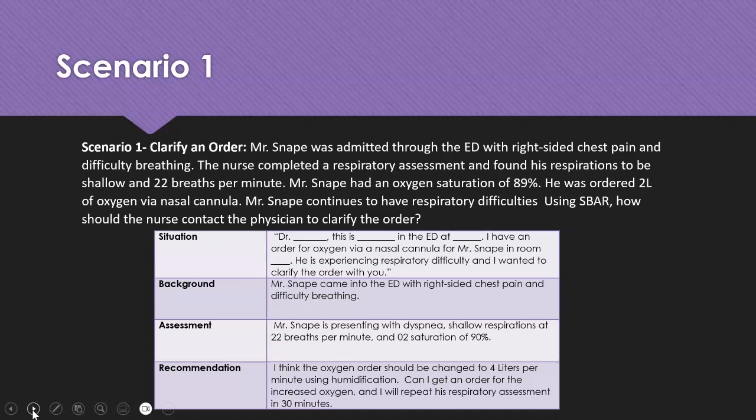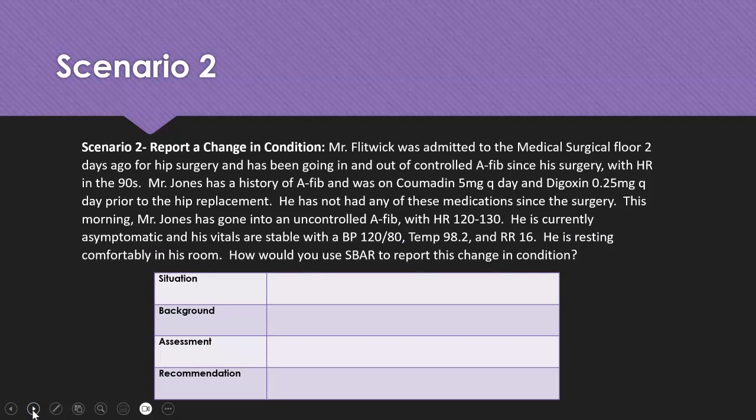But that is what the situation calls for. So let's go to scenario number 2. Okay. Remember what I told you guys. Make sure you pause it. And you will find that if you pause it and you do it like you're supposed to do it, this would take up your complete class time.